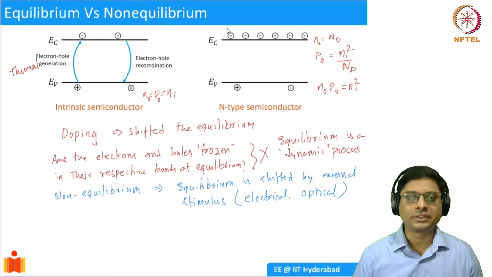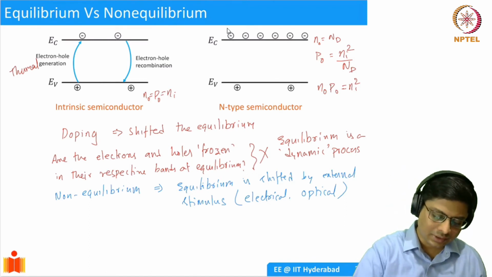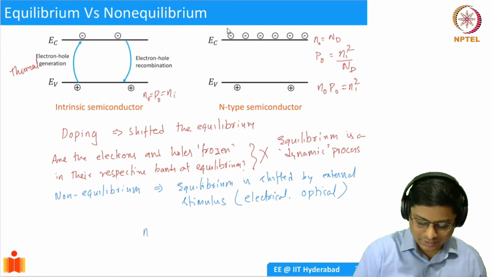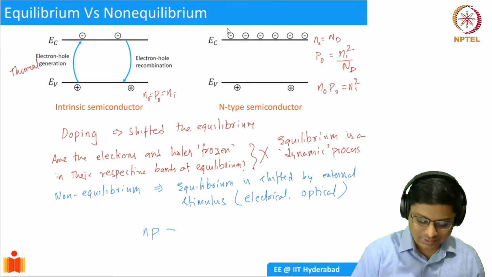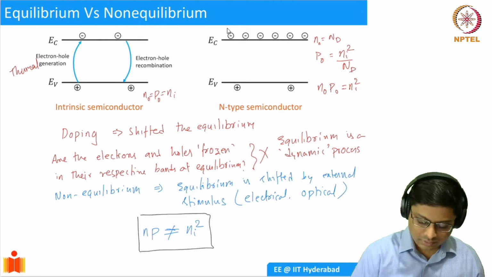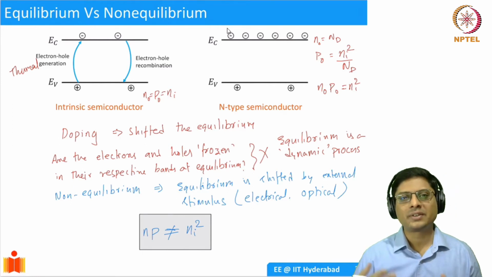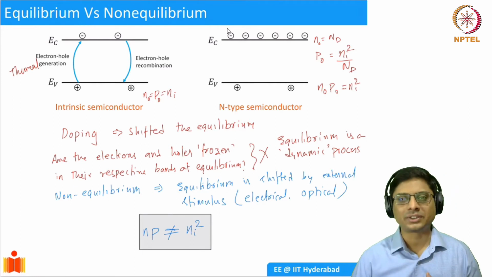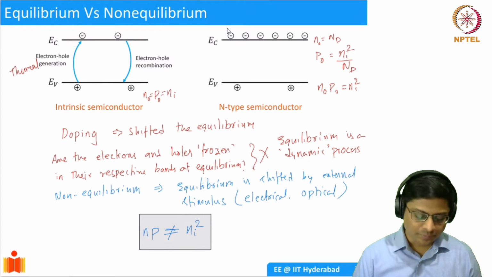So one of the ways to identify a non-equilibrium situation is when you have the product n times p not equal to ni squared. We'll take an example and show you this. Okay. So this is how you can characterize. Whenever you have an equilibrium situation, you have n0 p0 equal to ni squared. And if you have a non-equilibrium situation, the np product is not going to be ni squared.